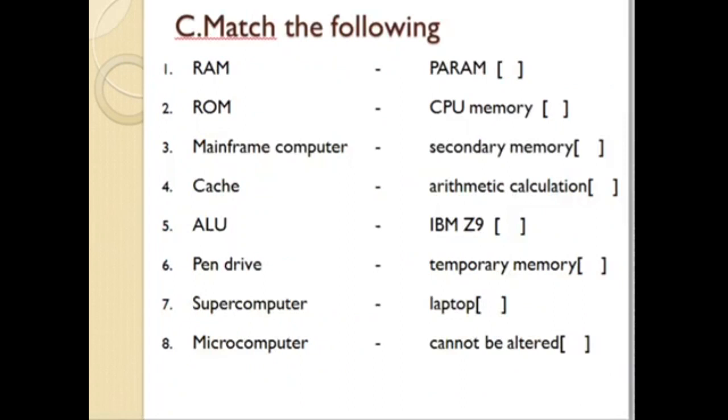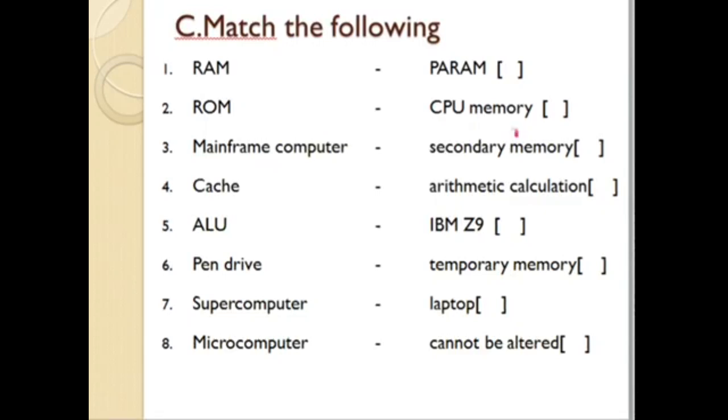Next one, match the following. So here the first one is RAM. See the options: param, CPU memory, secondary memory, arithmetic calculations, IBM Z9, temporary memory, laptop, cannot be altered. So RAM is a temporary memory.